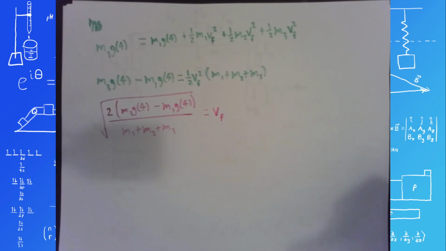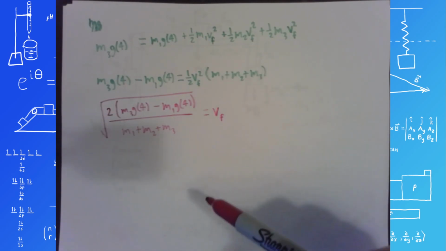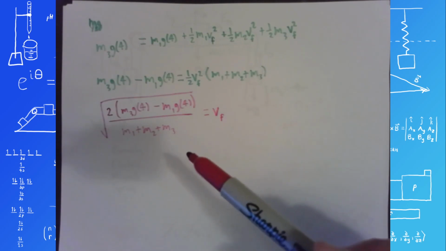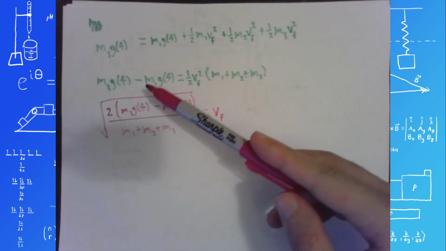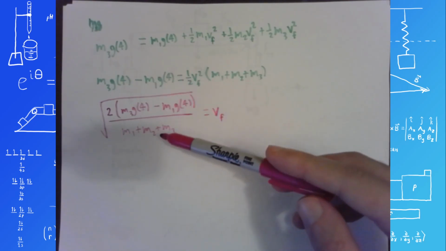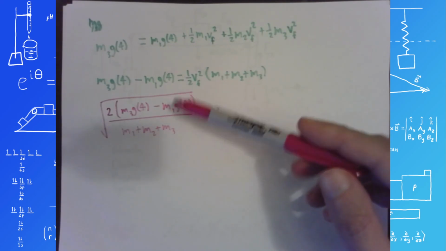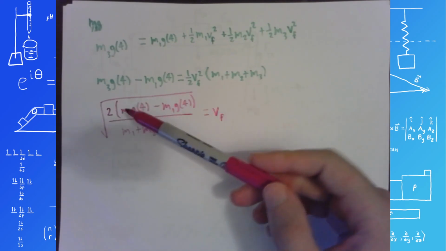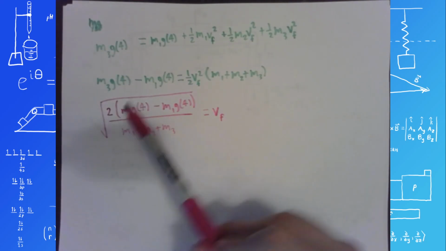do follow-up questions like, what happens to the final speed if the first mass increases, or the second one increases or decreases, or whatever? What happens if only the second mass increases versus if the third mass, I don't know, doubles, for example, and then you have to take into consideration the fact that the third mass contributes to the numerator.